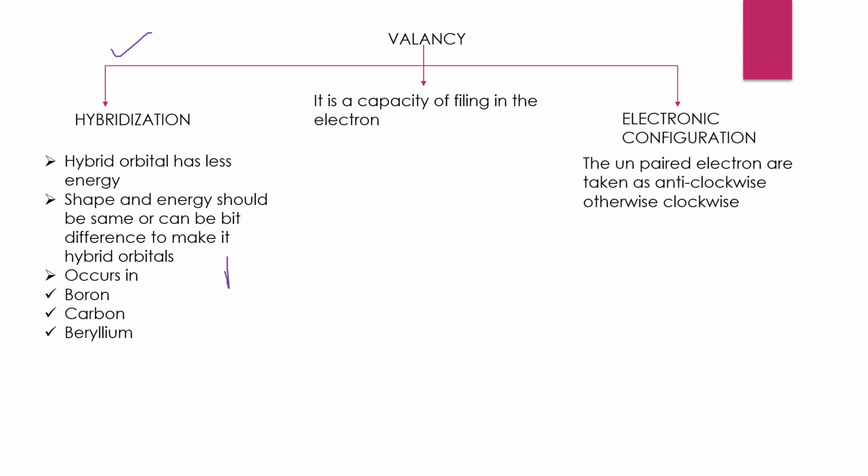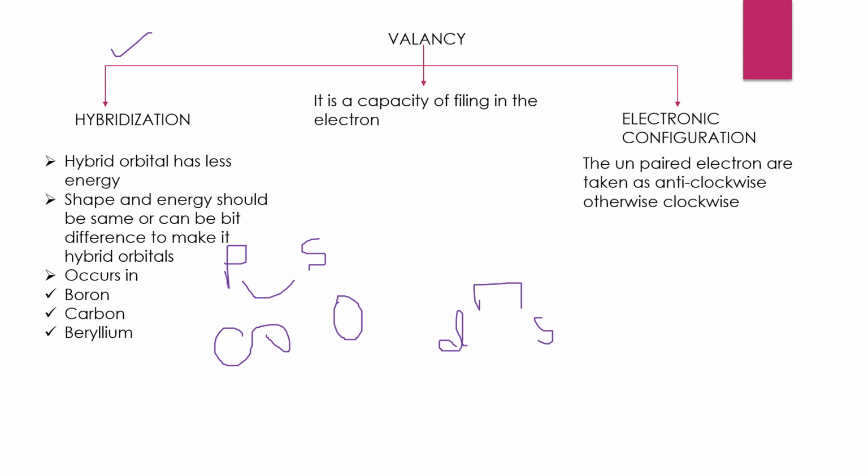Like if we are talking about the P shell and its axis by the S shell, there is a bit of difference, like it's dumbbell shaped and it's round shaped. Now there's a bit of difference in the valency, we can say, or energy. But in D and S, there is a huge difference.